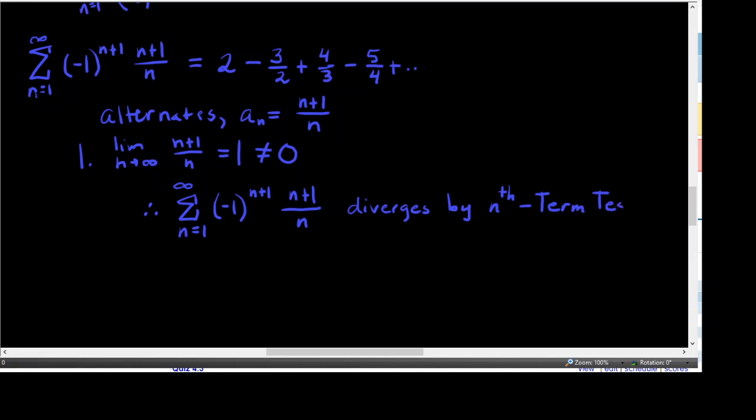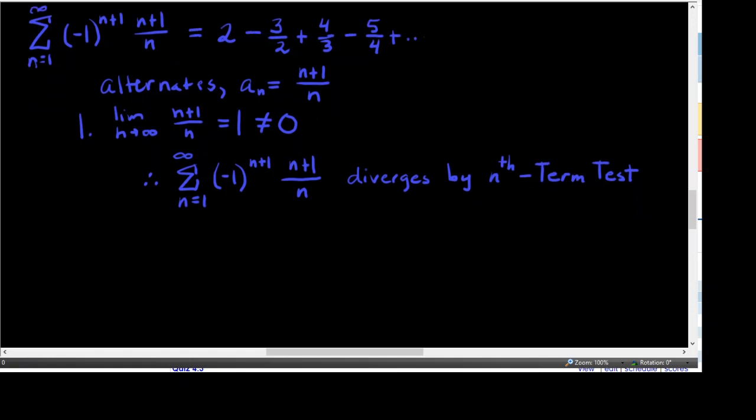This is the nth term test for divergence. That's the short name of it. So if you are doing an alternating series test and test 1 fails, you actually have not wasted a bunch of time, because you just have to say, well, that's not 0, and therefore it diverges by the nth term test, which is actually kind of a cool result.